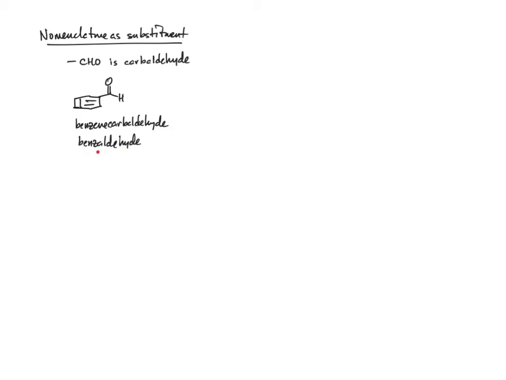As we get to aromatic chemistry, we're going to see a lot of things named with benz in the name. So what about this ring, a cyclohexane ring with the aldehyde? This would be cyclohexane carbaldehyde. So those are some examples of the aldehyde CHO group.